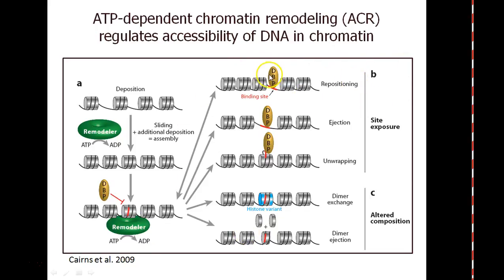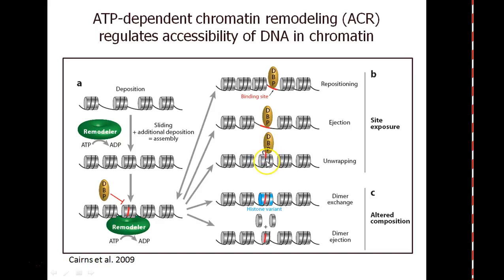So in this scenario, the entire octamer can be ejected from this place. So now this red piece of DNA is available, so the protein can bind, and this can initiate expression of our gene. A different scenario can result: here at the top we had a repositioning. Here we have an ejection, so this piece is available for the DNA binding protein. And in a different scenario, we can have just a simple unwrapping of the DNA from the histone octamer surface.